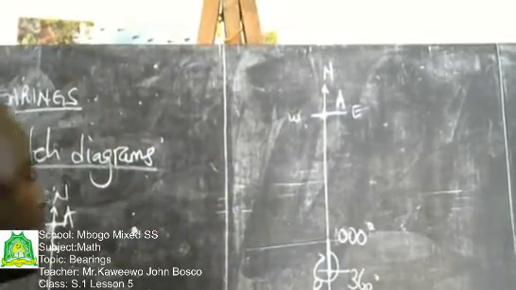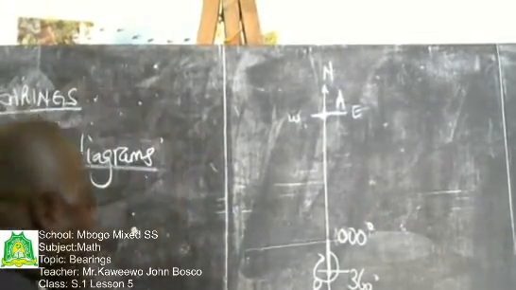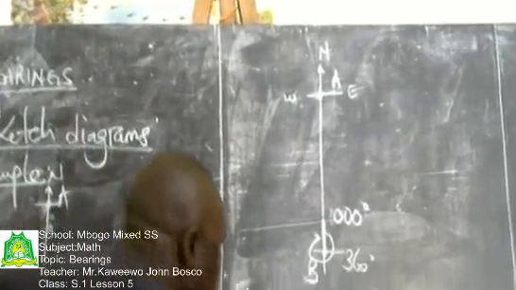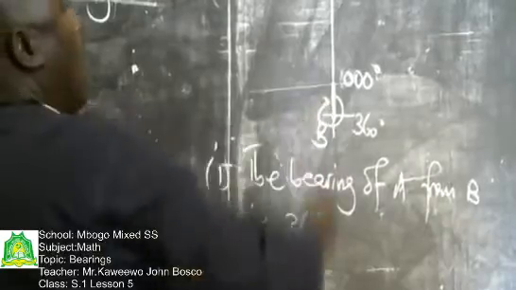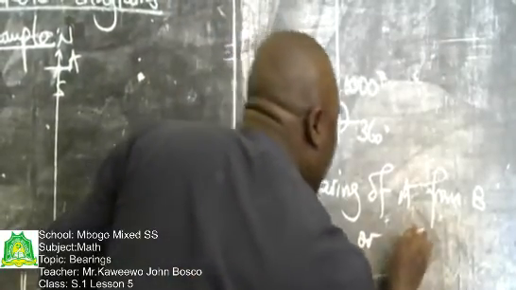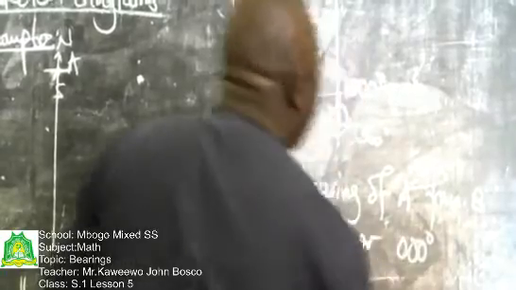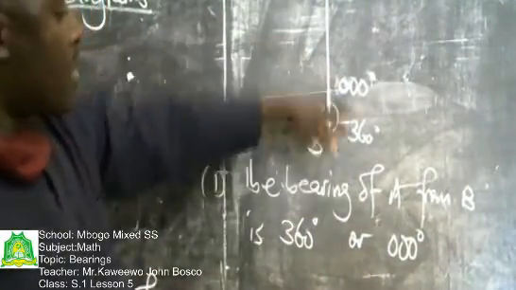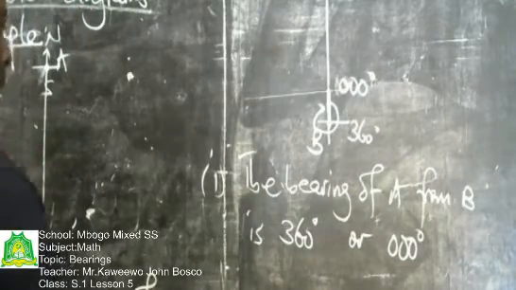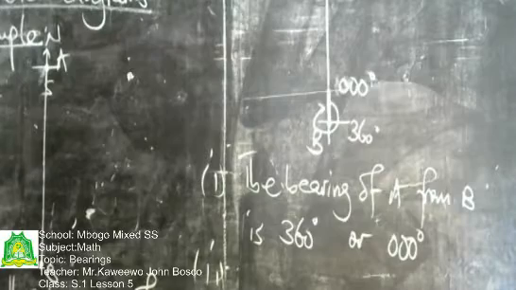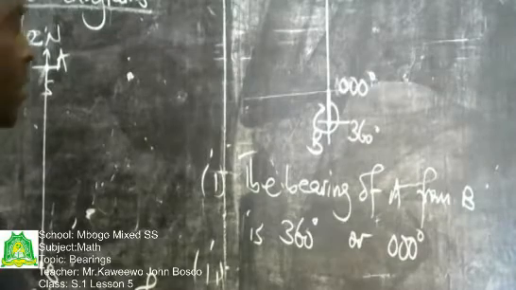So the bearing of A from B is 360 degrees, or you may say it is 000 degrees. Because by the time you go to 360 degrees, you will have gone back to the starting point. That's if you talk about A from B. If you talk about B from A, you talk about from A.